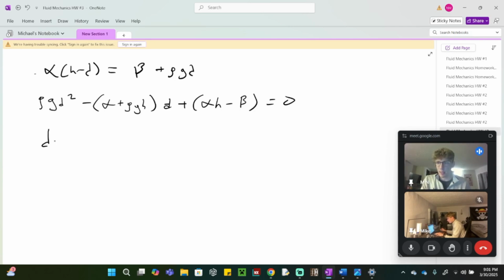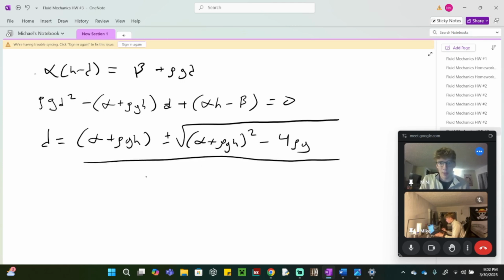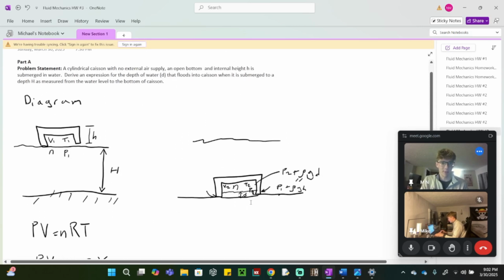So we get d is equal to (alpha plus rho gH) plus or minus the square root of (alpha plus rho gH) squared minus 4 rho g, all over 2 rho g. And this is our expression for the little d, which is the height of the water that fills in.